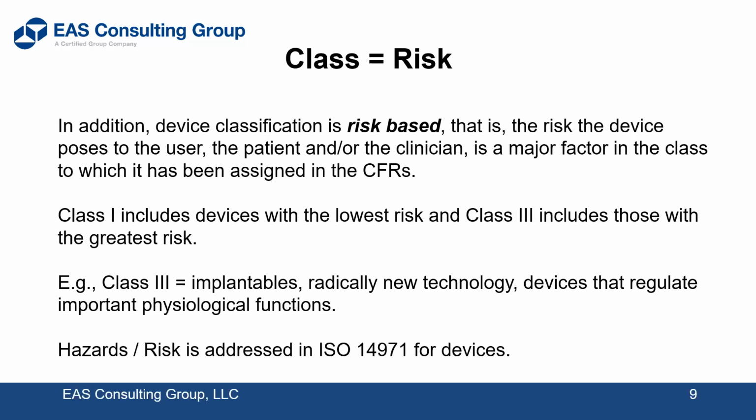That's risk to the patient, risk to the user, like the clinician, and risk to the use environment. Nothing more. Companies have gotten warning letters, primarily overseas, but shipping into the US, because they take the broader definition of risk under ISO 31000. But we're talking about risk based on the definition in ISO 14971 to the patient, the clinician, and the use environment for that product. So class 1 is lowest, class 3 is the highest, class 2 is your 510K primarily.